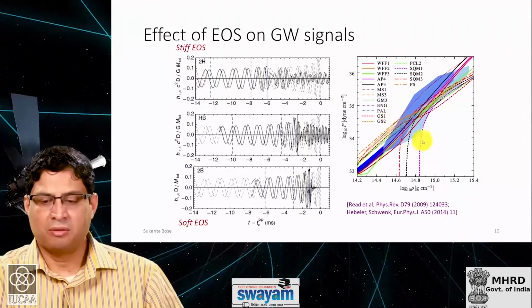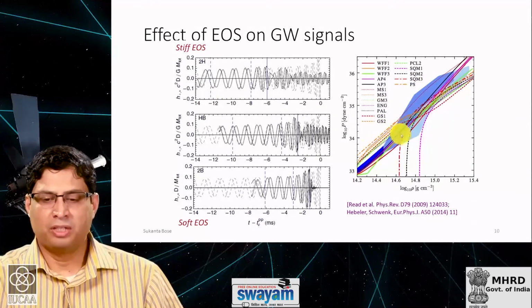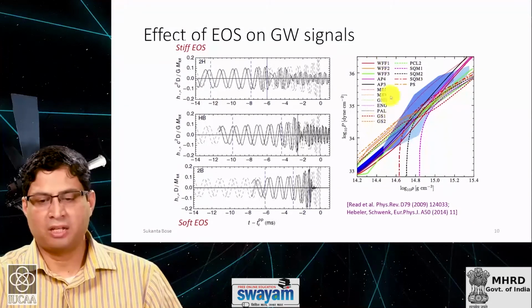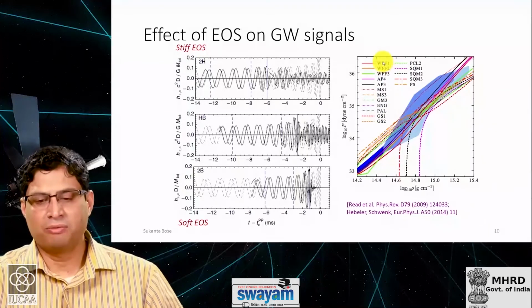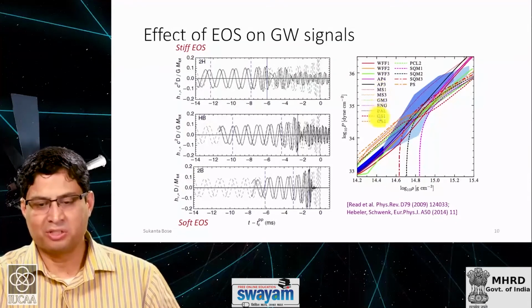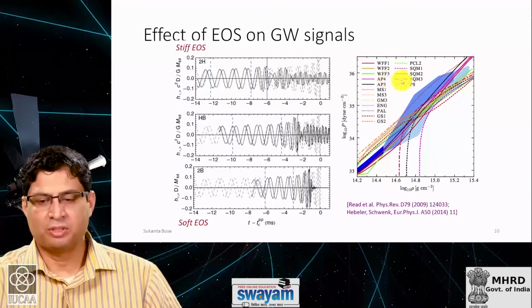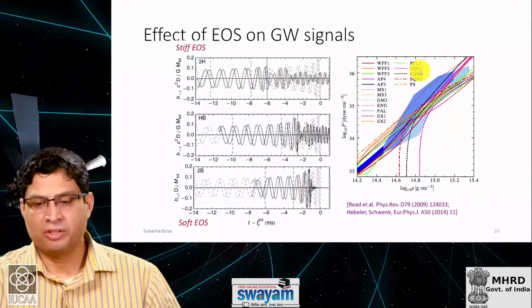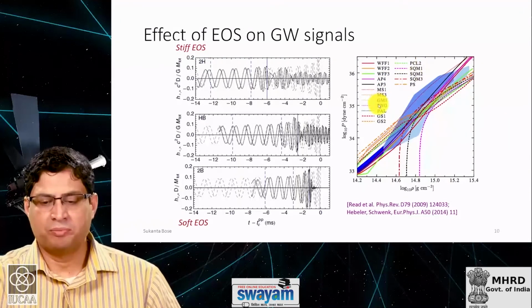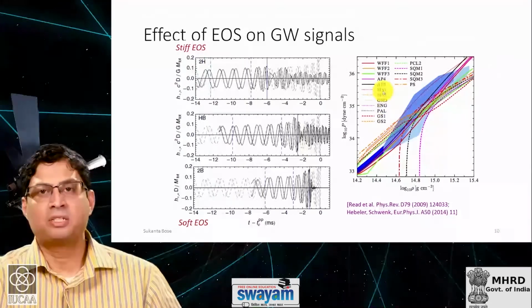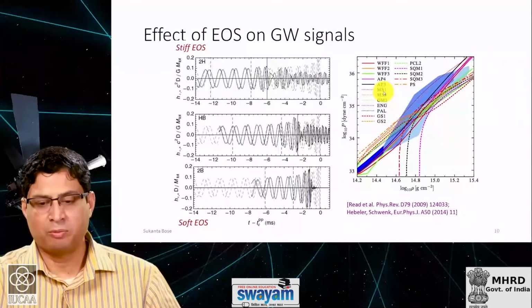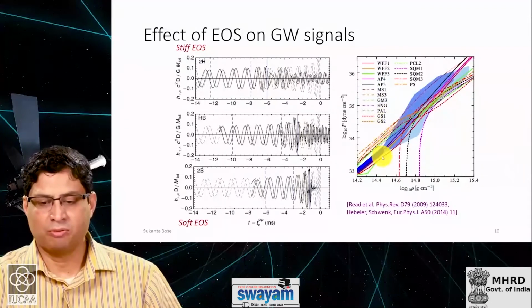And in this right plot, I show multiple equations of state with various acronyms coming from the different nuclear physics models or physicists who came up with these equations of state. SQM, for example, is strange quark matter. MS is Mueller and Serot, after the proponents of that equation of state, and so on and so forth.